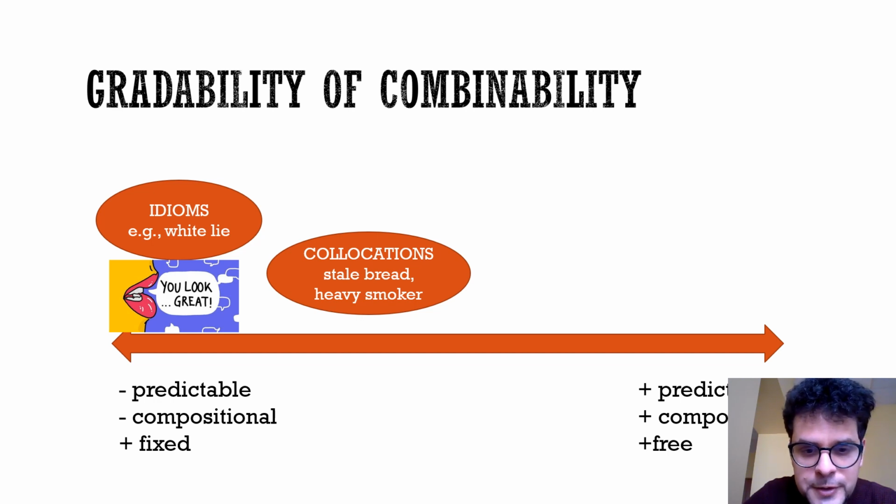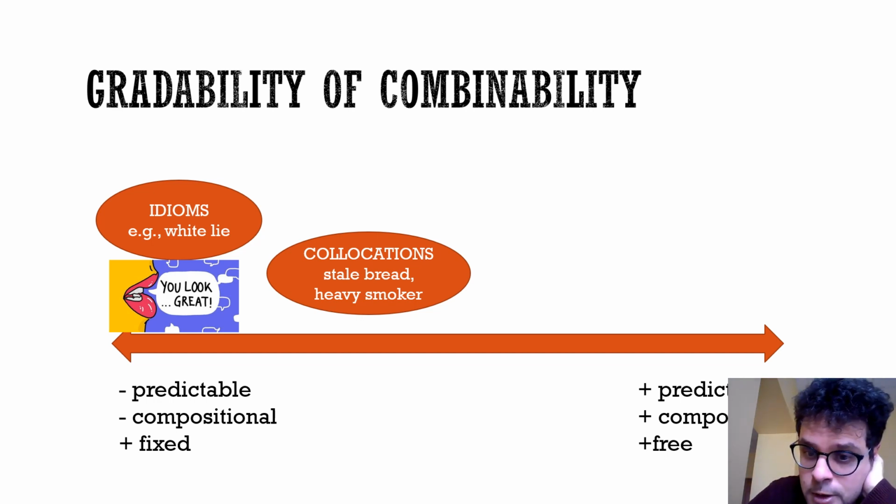A bit less fixed and a bit less compositional, sorry, a bit more predictable and a bit more compositional are collocations. So collocations are sequences like mutual preferences of words such as stale bread or heavy smokers. We'll see some other examples later on. But as we can see here, it's not totally opaque, it's not totally metaphorical.